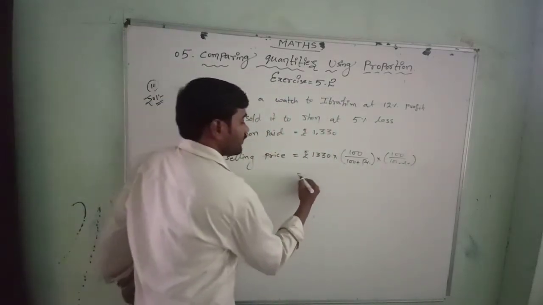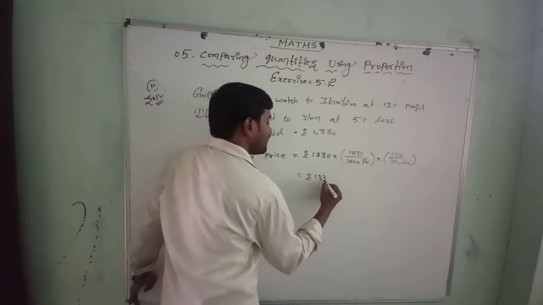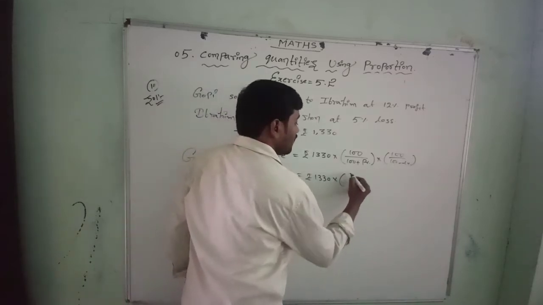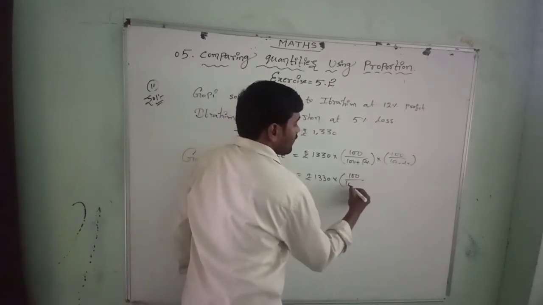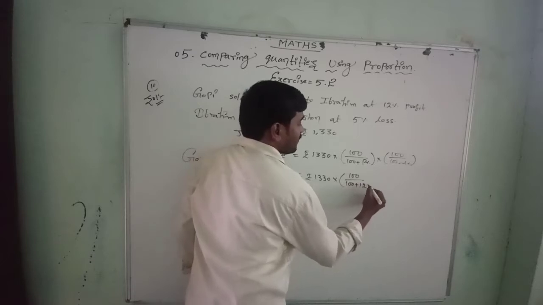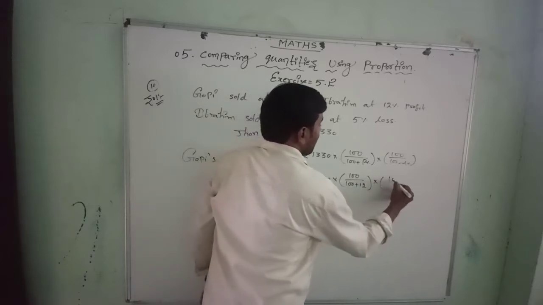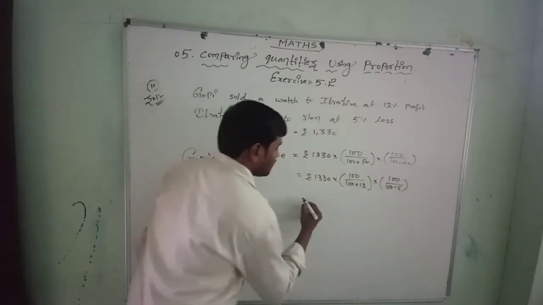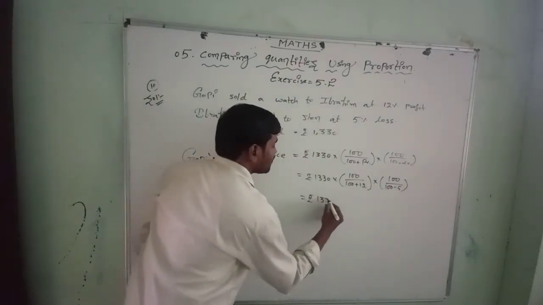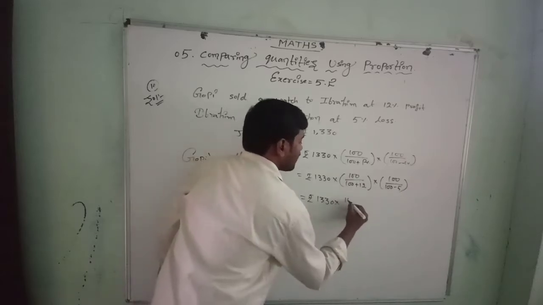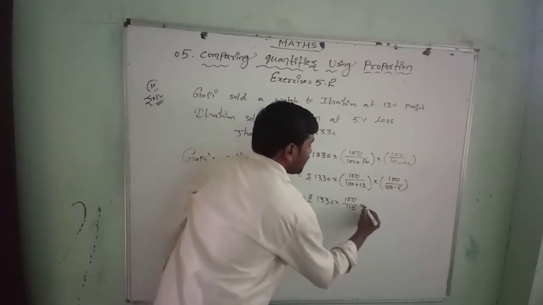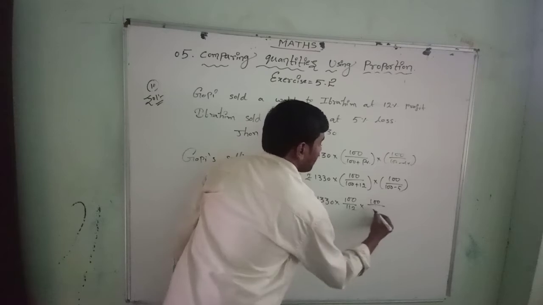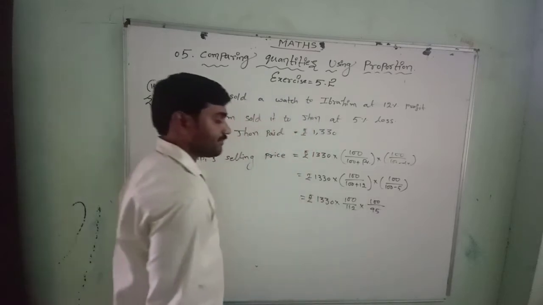So if you do it, 1330 into 100 by 100 plus 12% profit into 100 by 100 minus 5% loss, that is equal to rupees 1330 into 100 by 112 into 100 by 95.